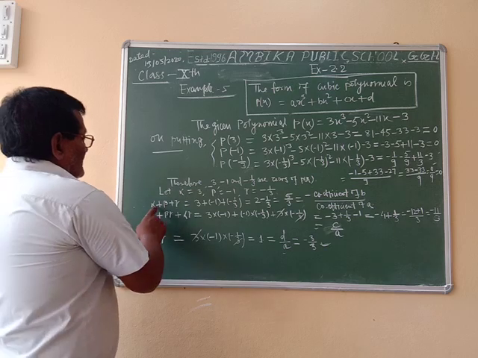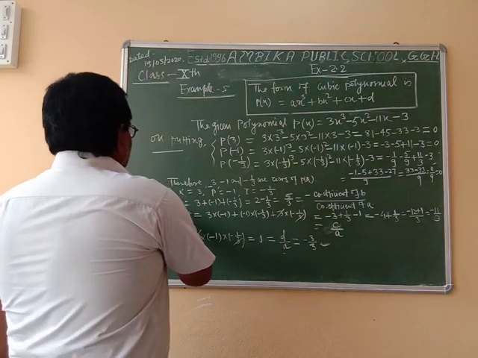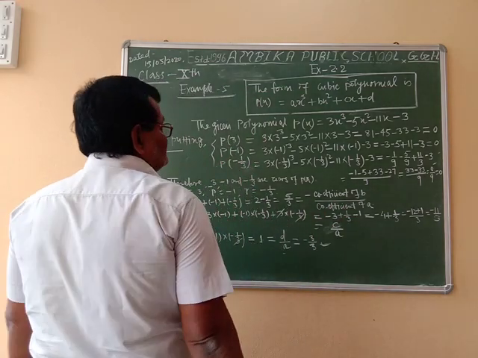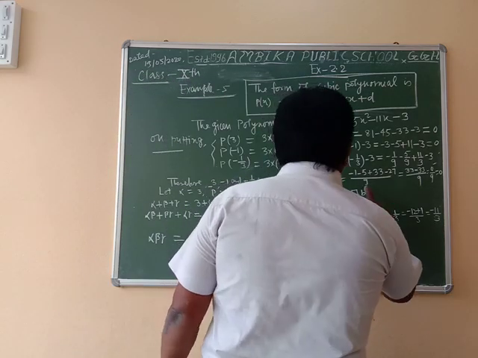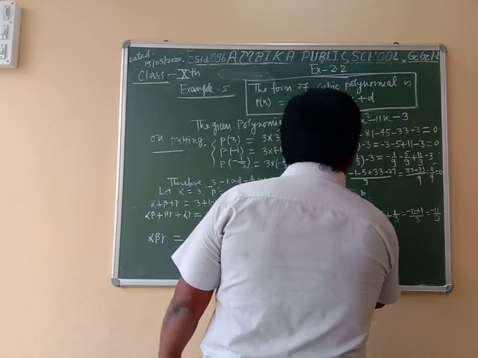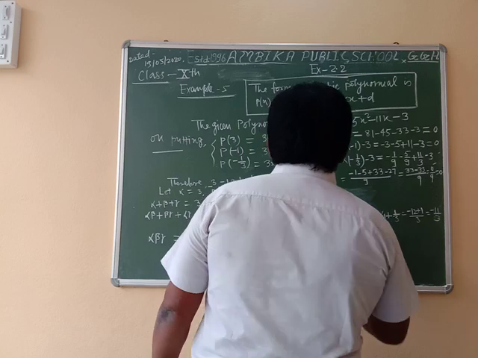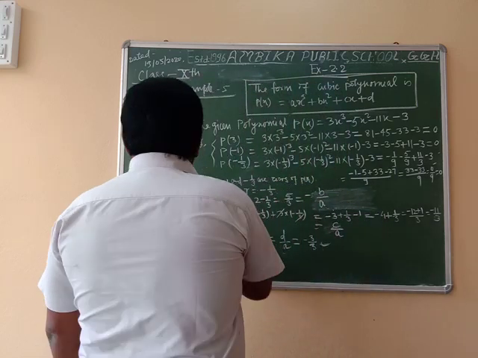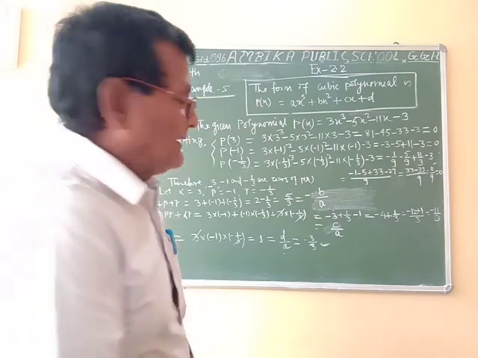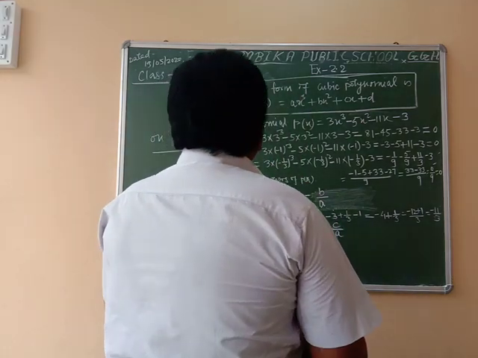We find the value of alpha plus beta plus gamma, alpha beta plus beta gamma plus gamma alpha, and alpha beta gamma. Alpha plus beta plus gamma is equal to -b by a, alpha beta plus beta gamma plus gamma alpha is equal to c by a, and alpha beta gamma is equal to d by a. So this is the relation.